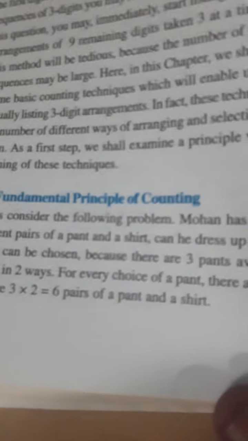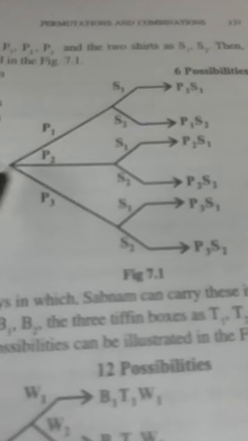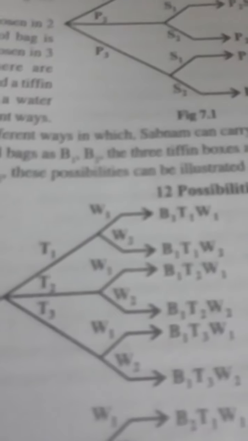Here you can see the fundamental principles of counting, and these are the possibilities they have given, after the first event and second event. Here he has given a very big one, so in brief I have given it to you. You can see it on page number 136.